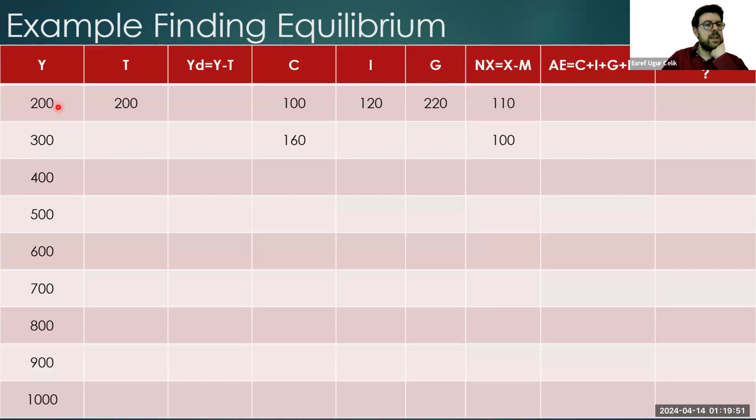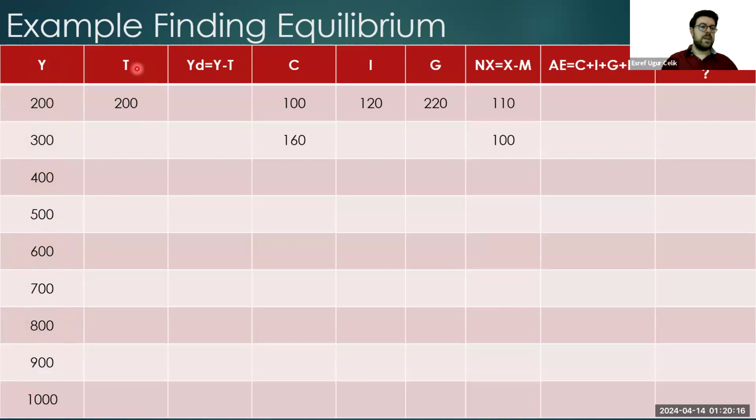Firstly, try to understand the question. In the first column, I give the total income or total output. Look at that part. What is the difference there? 100, 100, 100, 100. The change is always 100.